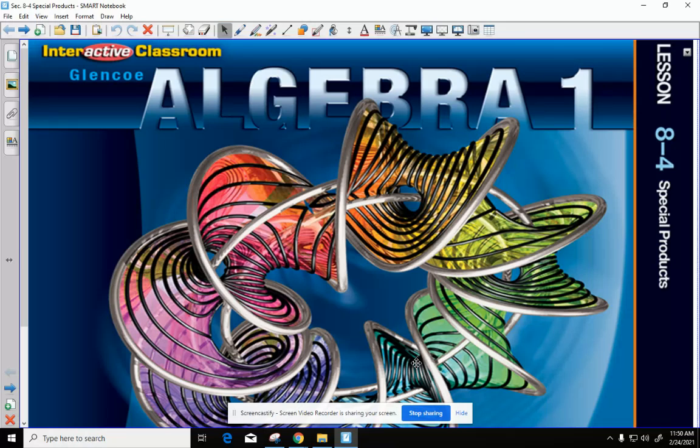Today, we are looking at what are called special products. There are three special products that we're going to take a look at today that are, for lack of a better word, really like a shortcut to some FOILing processes that we already know or have already started. This is 8.4.